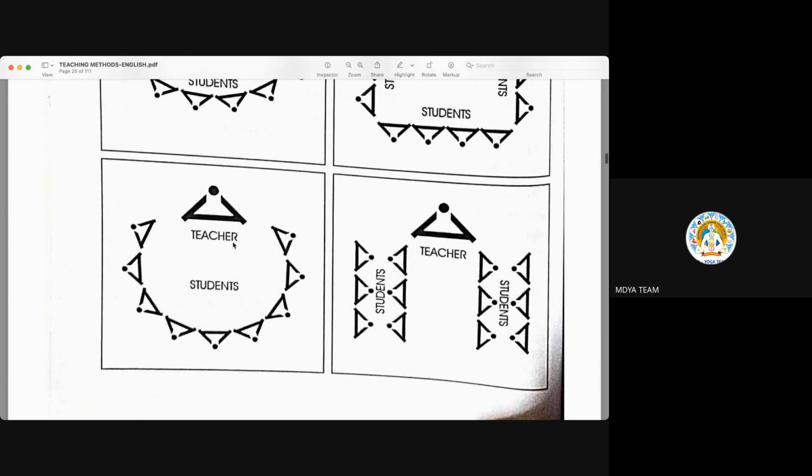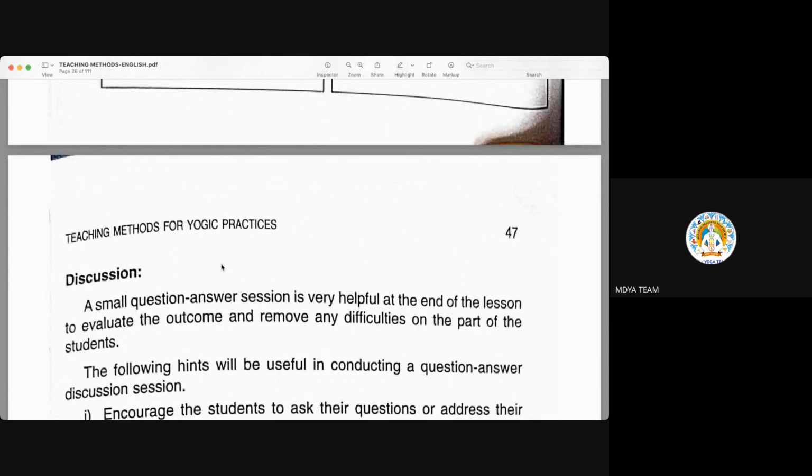Then this is like a circular one. So here some arc is covered by the teacher and the rest of the circumference is covered by the students. And then if the number of students is more, you can make this type of arrangement: two vertical rows facing each other. So that way also you can make the arrangement.